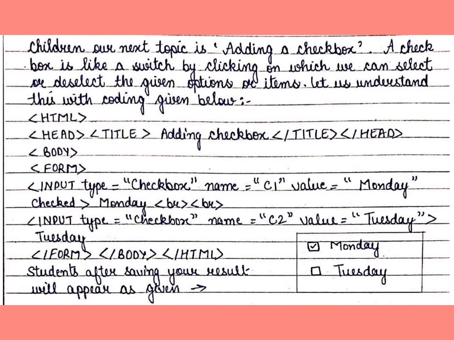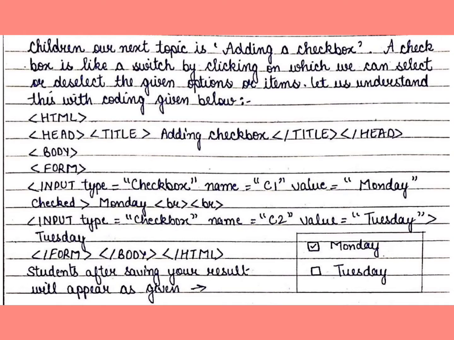Children, our next topic is adding a checkbox. A checkbox is like a switch by clicking on which we can select or deselect the given options or items. Let us understand this with coding given below.